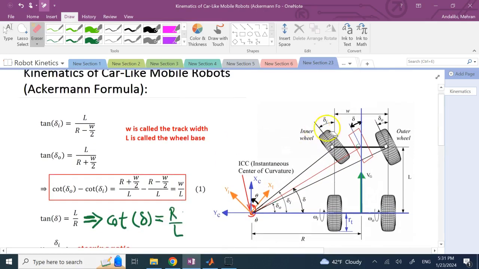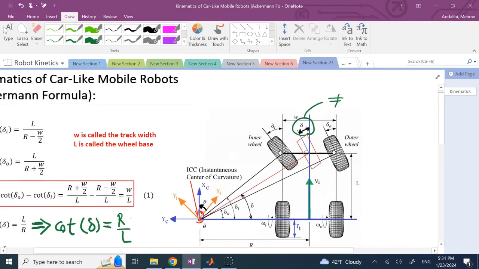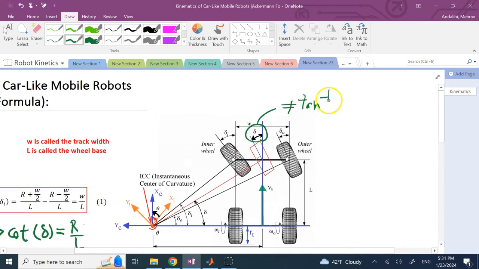So the delta that you command to the steering wheel is not always equal to tangent inverse of L over R. If you do that, that is perfect. But you don't, because even if you know your L of the car, you don't have a measurement device ahead of time to measure the radius of the traffic circle. So you don't always exactly know how much steering you should be giving to the car.